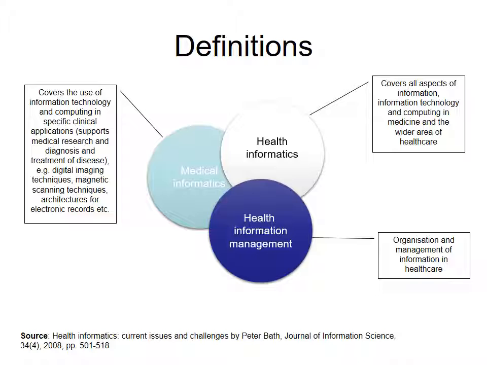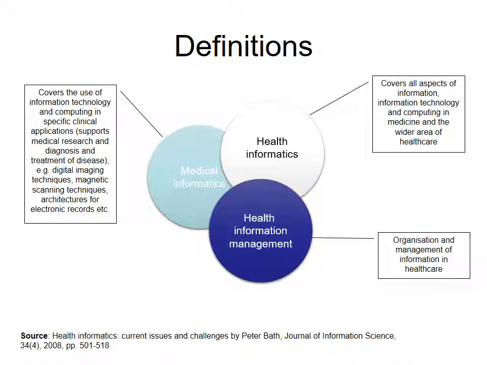To move ahead, within your program in health informatics, you will cover a number of topics and issues directly connected to health information. These issues, these topics, as I said, can probably be summarized in this slide. This diagram was created by Peter Bath for one of his publications, from the Journal of Information Science from 2008.